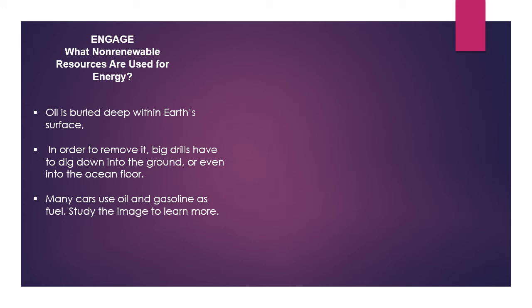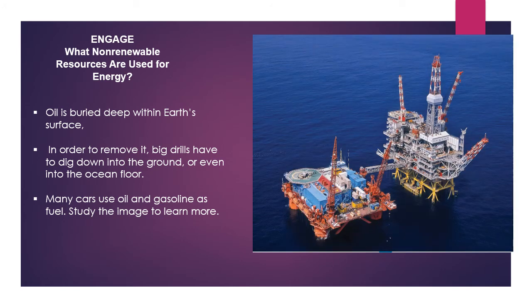You know, oil is a non-renewable resource, even our gasoline. This picture shows how we get oil from under the ground, under the ocean floor. Now look at the next slide.